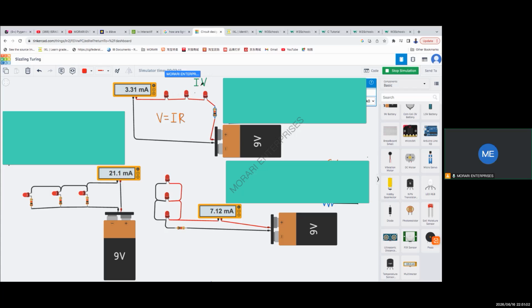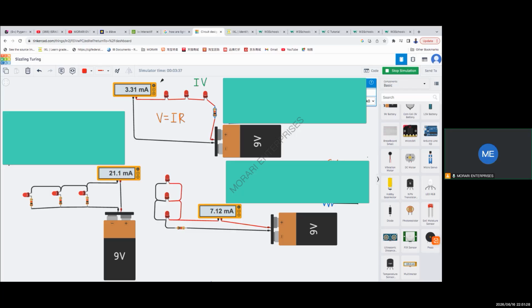So we multiply. The voltage drop is the pressure that is pushing these electrons through it. But the voltage drop here is fixed. It's around 2 volts. So we'll take the current intensity, which is 3.31 milliamperes, and multiply by the 2 volts across here.